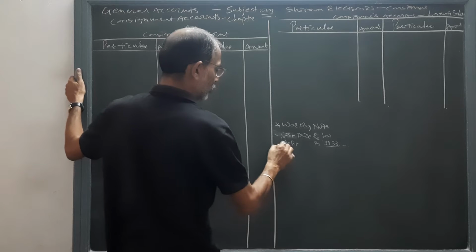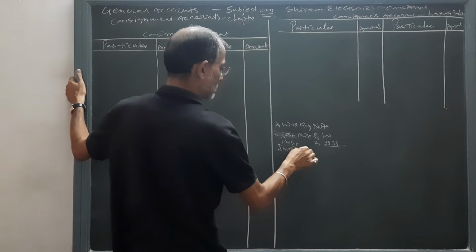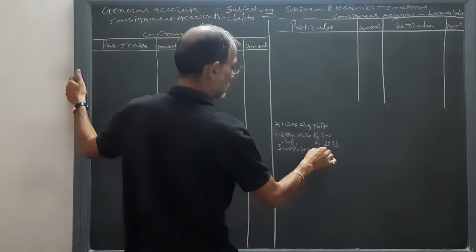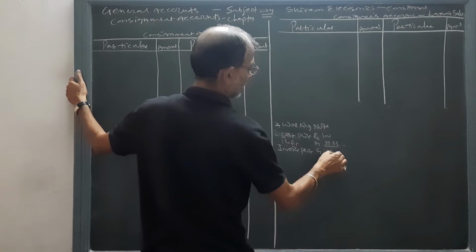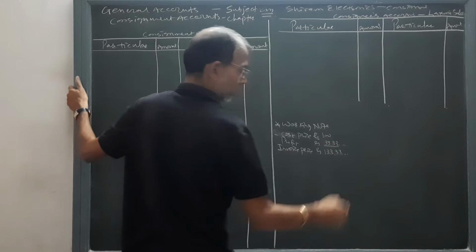Profit will be rupees 33.333, so invoice price would be 133.33.